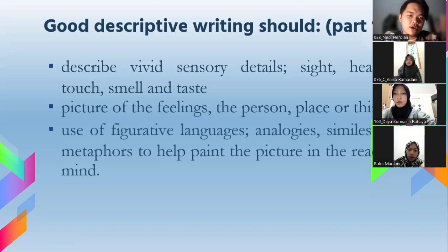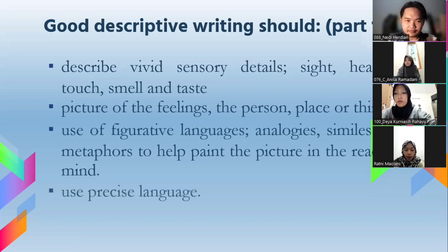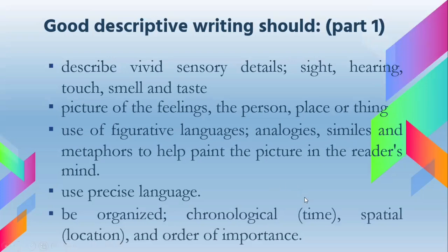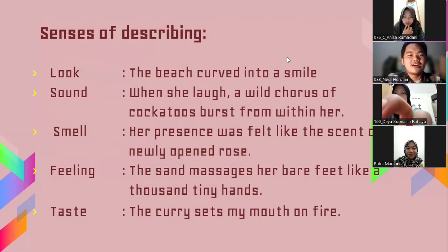Number three, use of figurative language like analogies, similes, and metaphors to help paint the picture in the reader's mind. Then use precise language. For the last, be organized: chronological or time, spatial location, and order of importance.